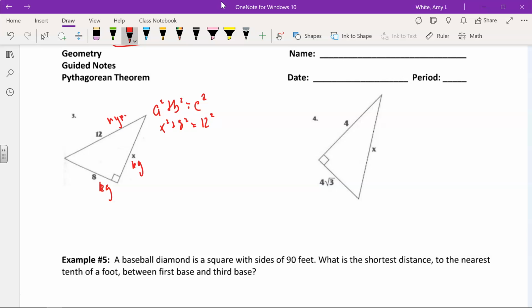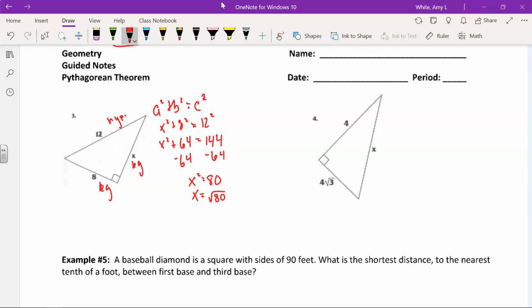First thing we're going to do is actually square these values. So 8 times 8 is 64, and 12 times 12 is 144. Then I can subtract 64 on both sides, and we get that x squared is 80. Then I take the square root on both sides, and we get x is the square root of 80.